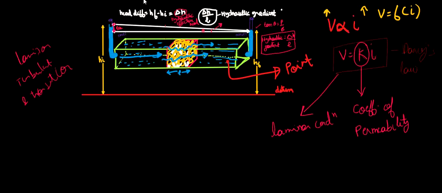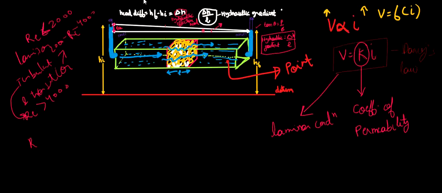So if I talk about the pipe flow, laminar condition is a condition where Reynolds number is less than 2000, and turbulent flow is a condition where Re is greater than 4000. And transition is a condition where Re is between 2000 to 4000.